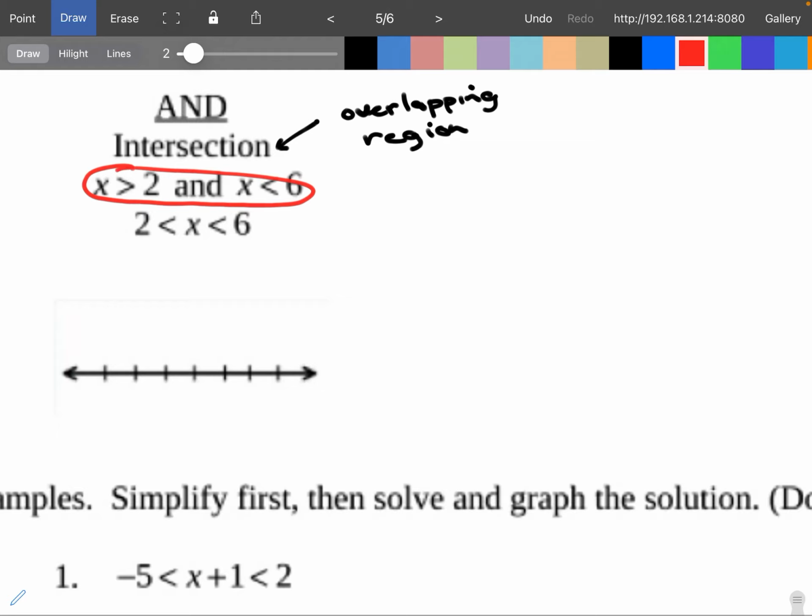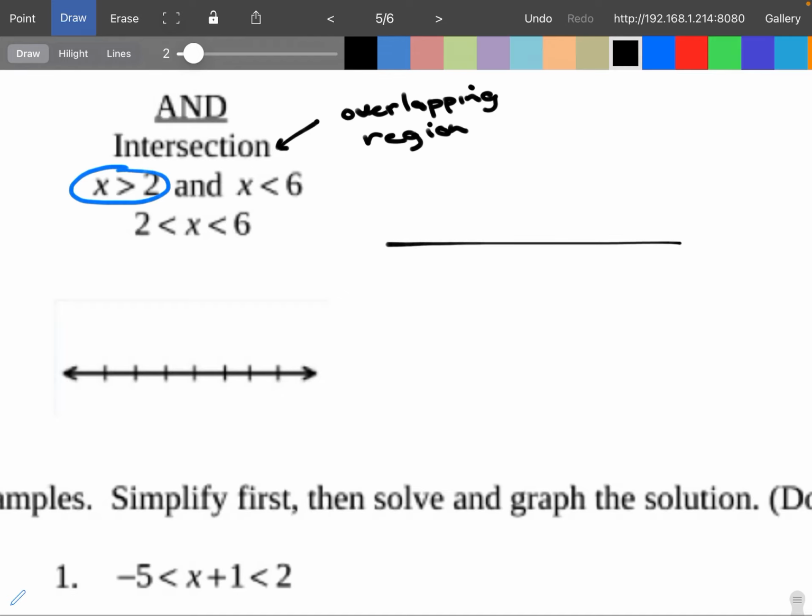All right, so then you can see here we have two inequalities connected by the word and. So if I were to graph those, let me do it on the side, then we'll put it on the final number line down there at the bottom.